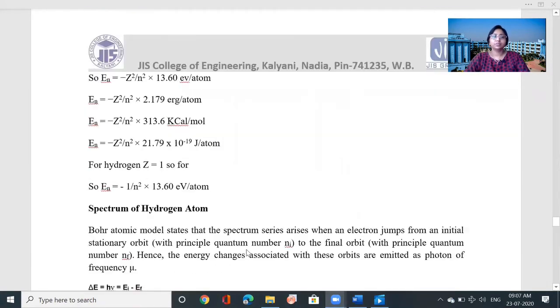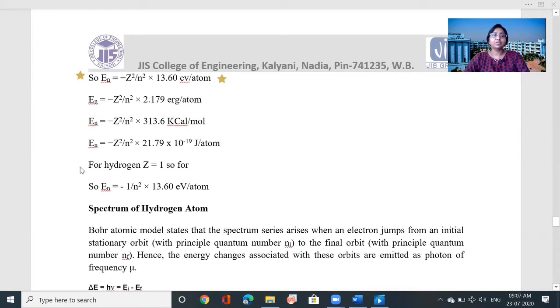So ultimately, this is the final expression, you remember it well. Now if we put the values of Z and n, we can calculate the energy.